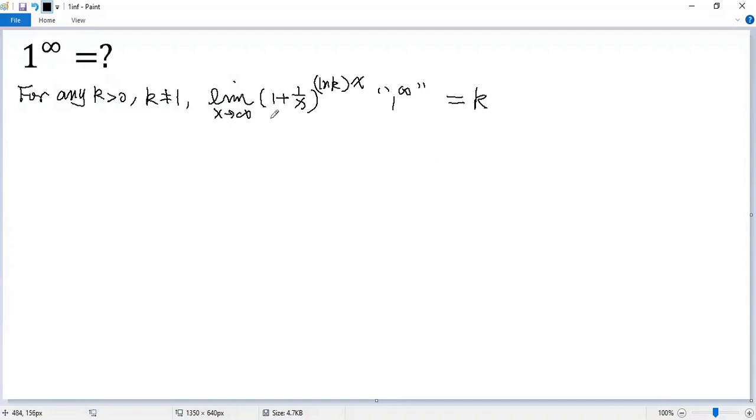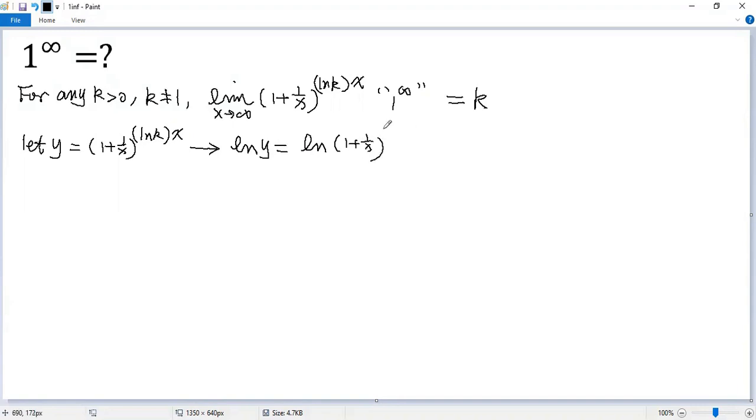To do that, let y stand for the expression. So let y equal (1 plus 1 over x) to the power of ln k times x. Apply ln to both sides. So we get ln y equals ln of (1 plus 1 over x) to the power of ln k times x.